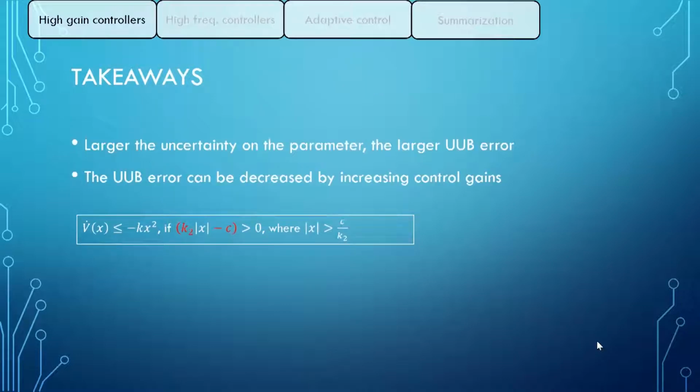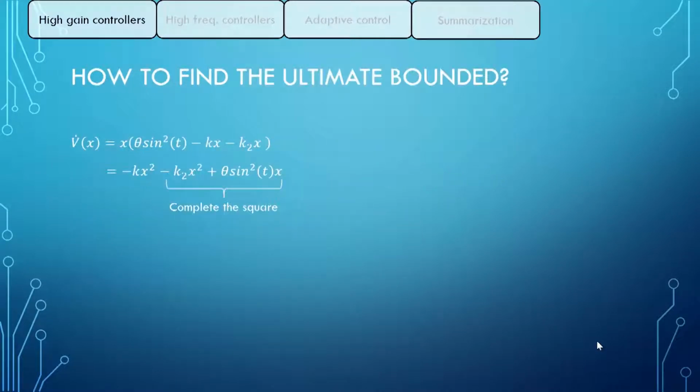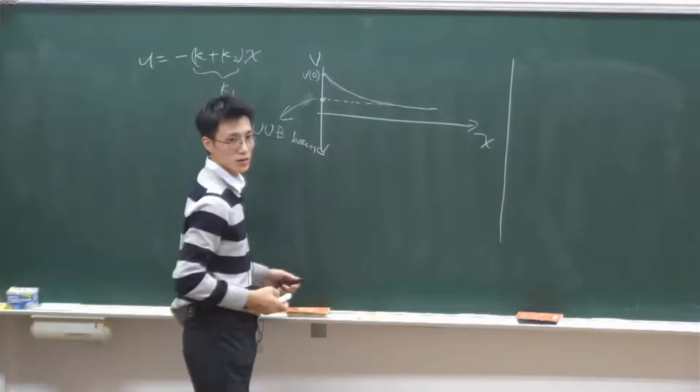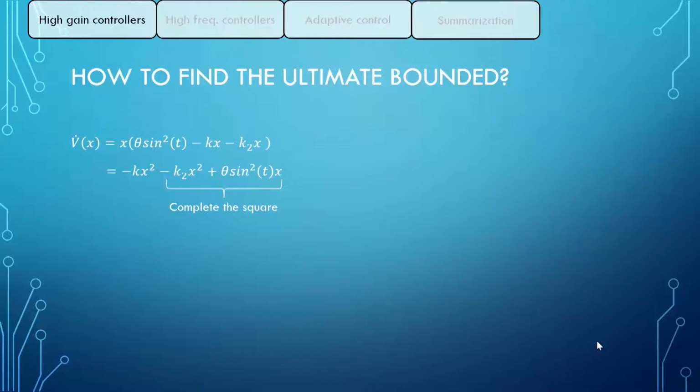If this condition holds, vita will be negative. Now let's try another approach, and we want to find the ultimate bound. What's the value of this? Or in other words, when will vita be zero?